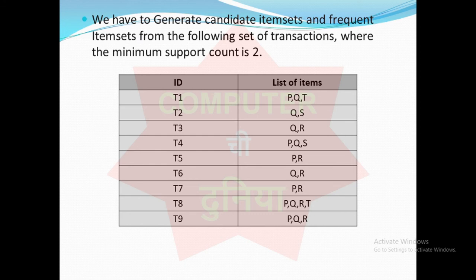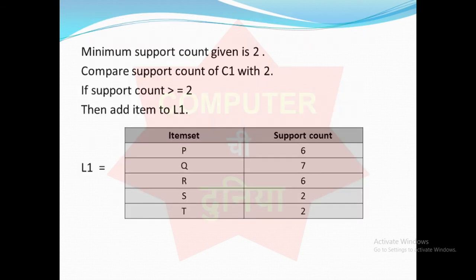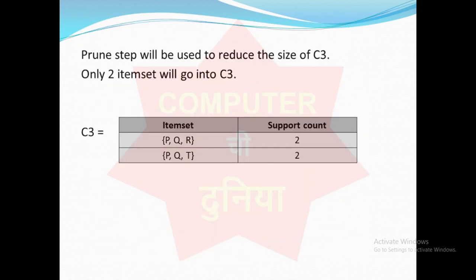And transactions T1 and T8 contain the PQT item set. Hence, the support count of PQT is also 2. Therefore, C3 contains PQR and PQT with support count 2.